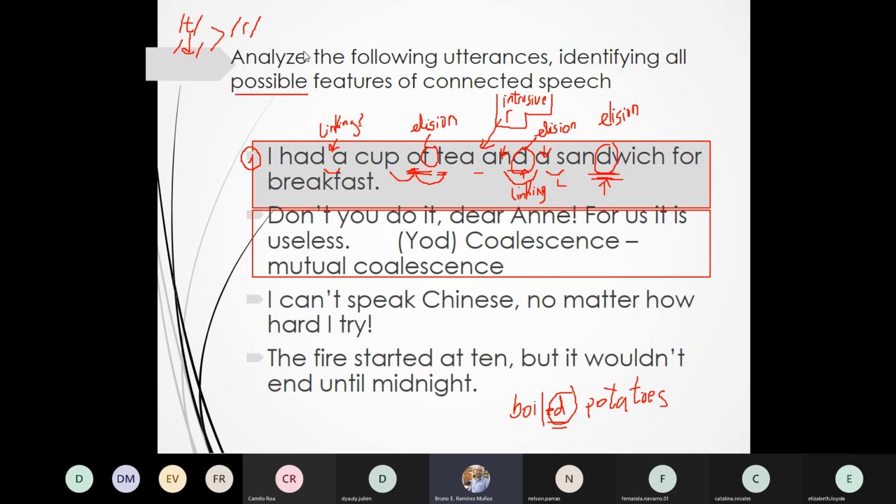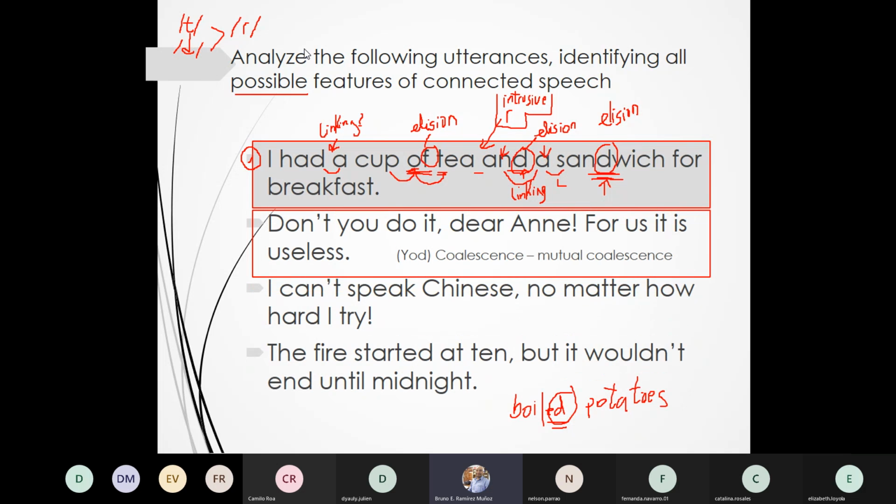I call it yod coalescence. I don't know why. I guess I found the word interesting or funny. But I understand that other people call it mutual coalescence because they consider that the two sounds are influencing each other.